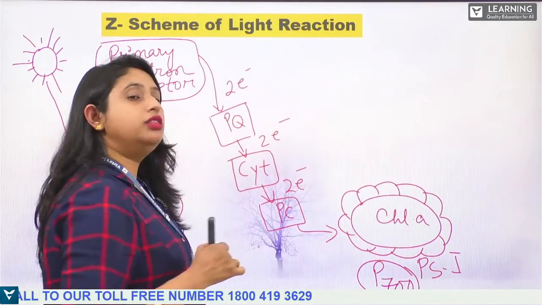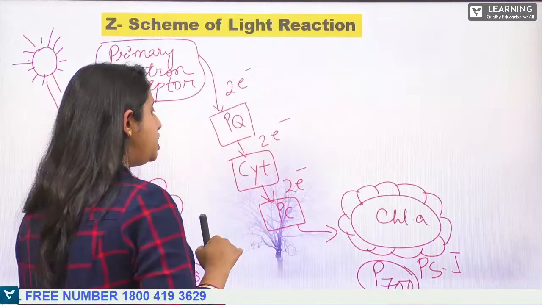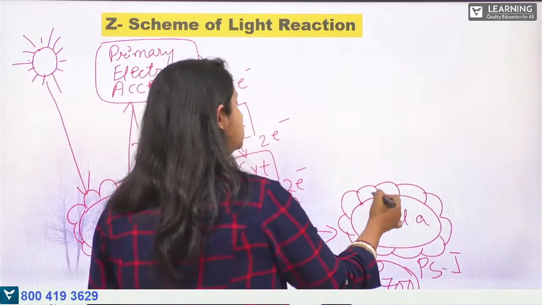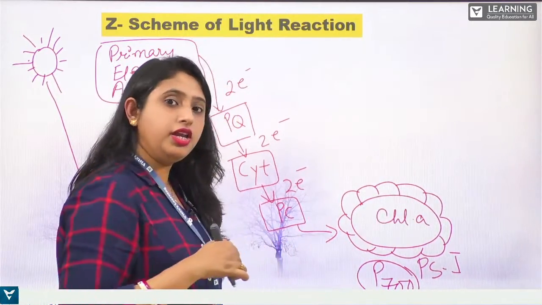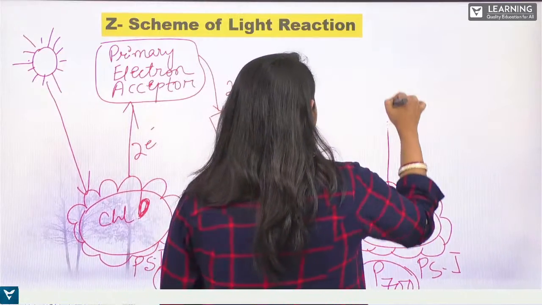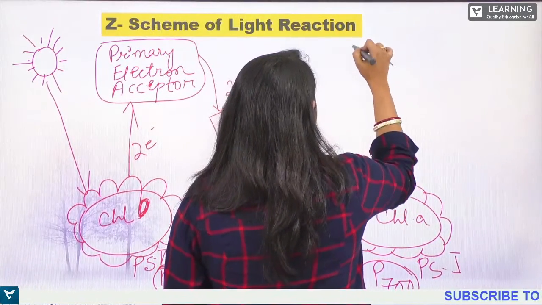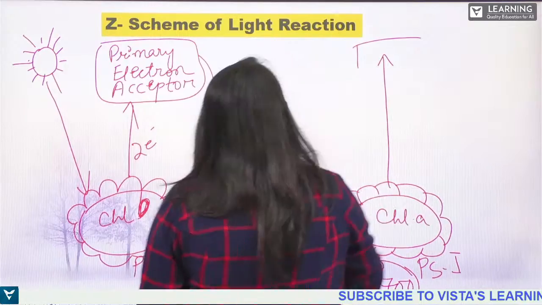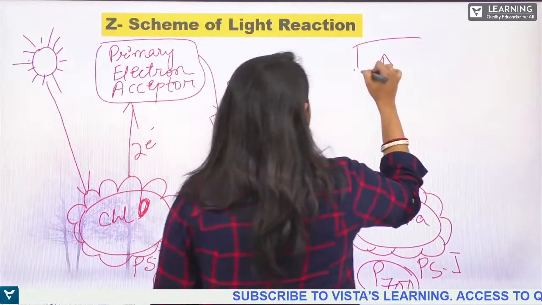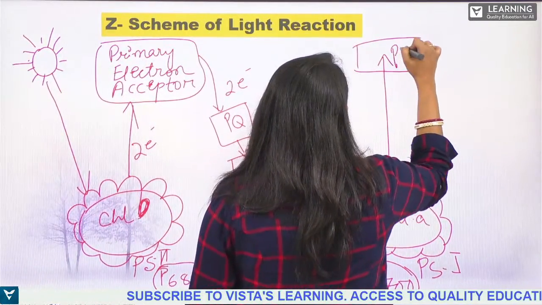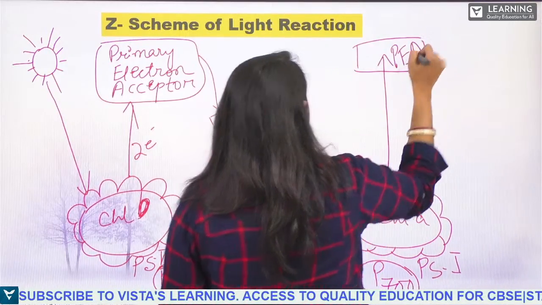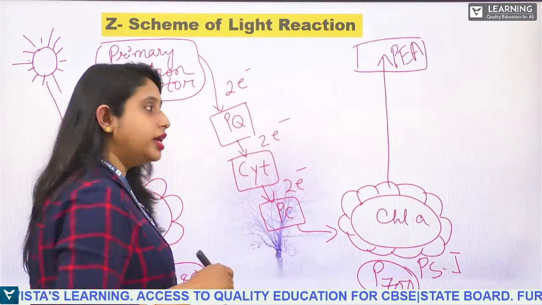So the wavelength of photosystem 1 is P700. The electrons will be received here, right? Again it will be excited and sent to the primary electron acceptor. Again here is a primary electron acceptor.